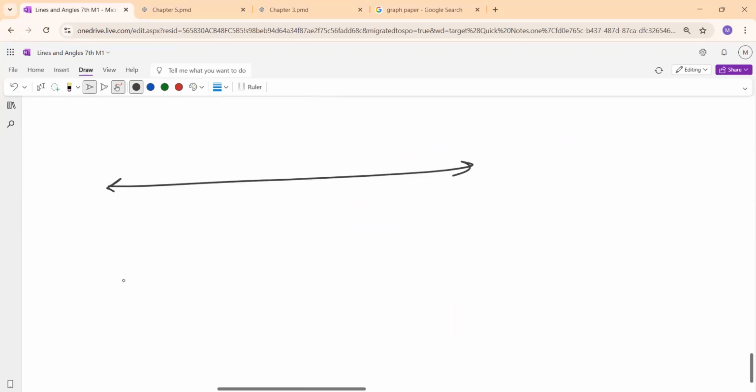This and this. These lines are parallel. Let's say this is L, this is M. I've drawn two lines, L and M. They are parallel to each other. How do we show parallel lines? If I have two arrows in the middle like this, on both the lines, this means that these lines are parallel.